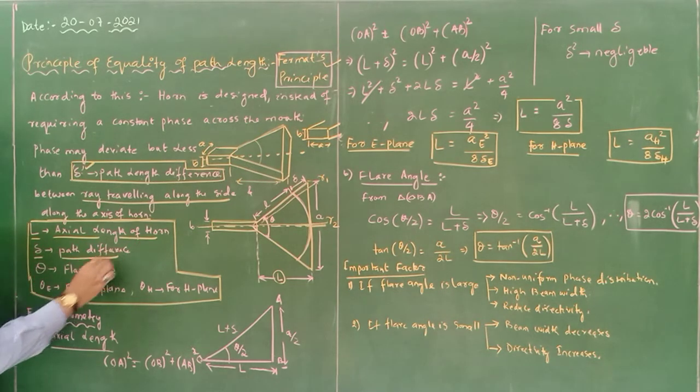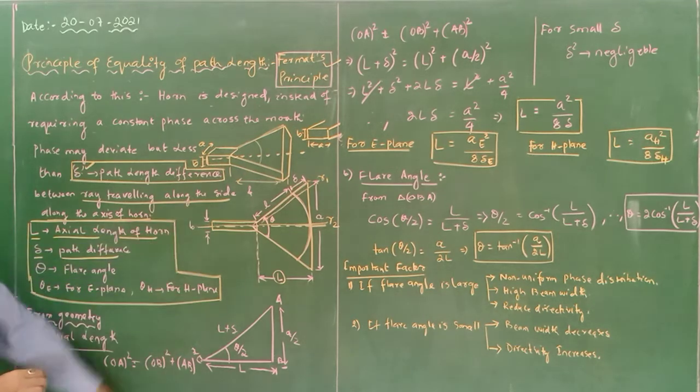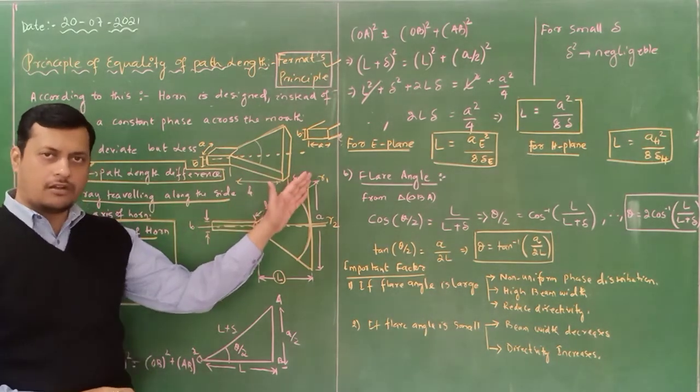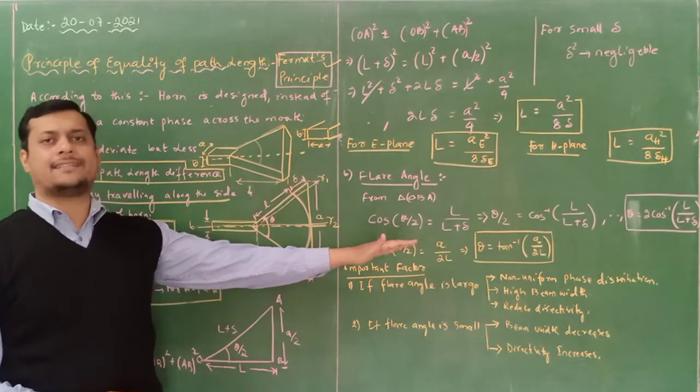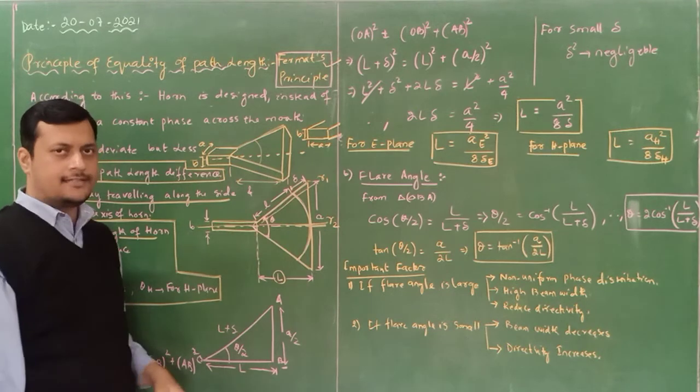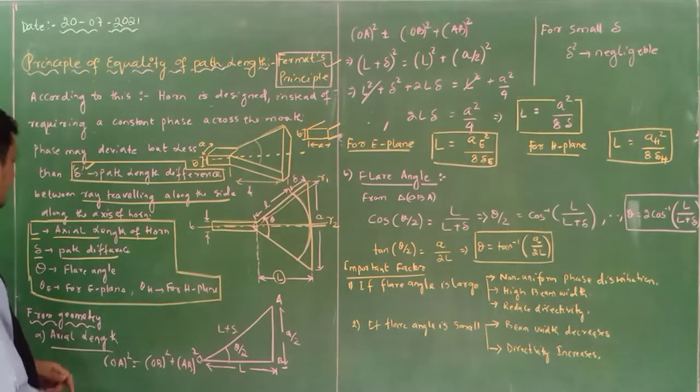Del is called as the path difference. What I have told, there are the two paths. One is along the side of the horn, and one is along the axis of the horn. If you take a difference, you will get your del. That is called path difference. And theta is called as a flaring angle.